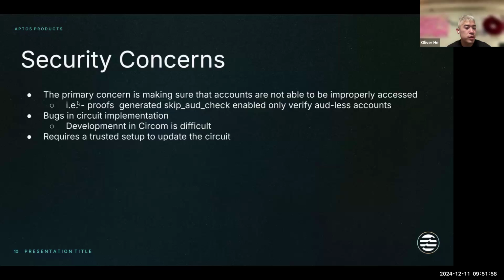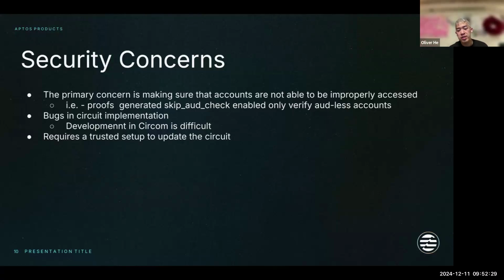In terms of security, the primary concern, I think, is making sure that accounts are not improperly accessed. So, for example, that proofs generated in this skip odd check mode are only able to be used to verify these oddless accounts. And this is enforced via the keyless public key, whose ID commitment is used in the verification of the proofs.